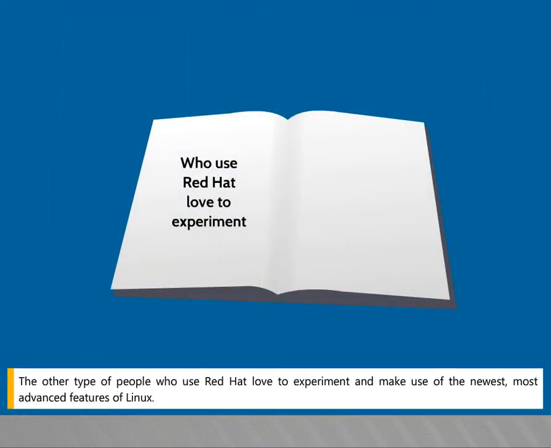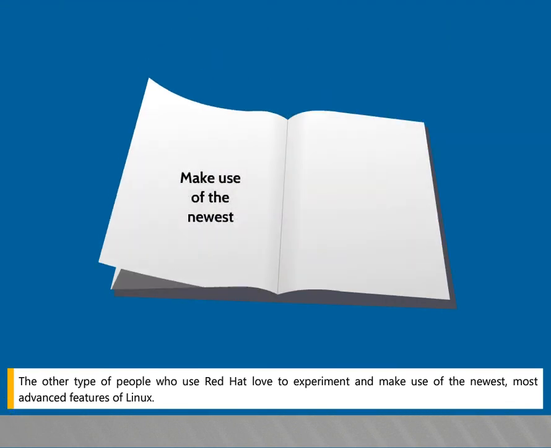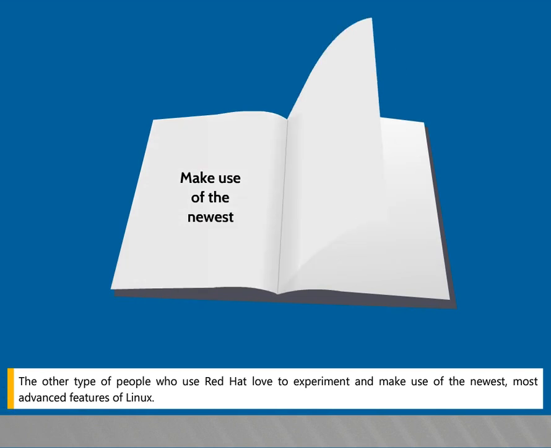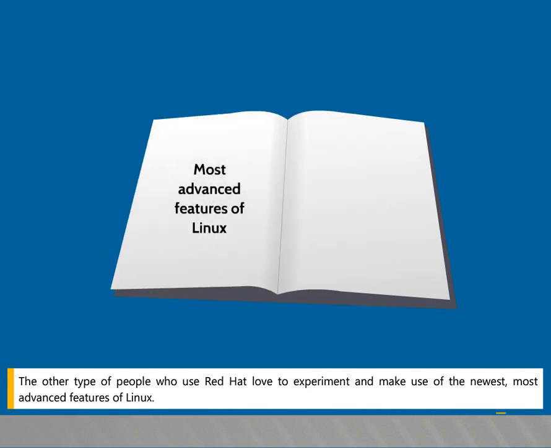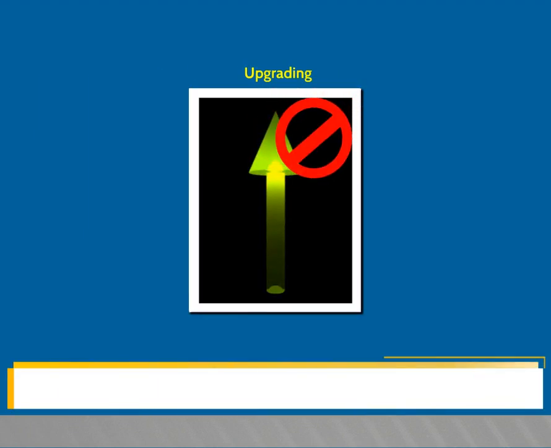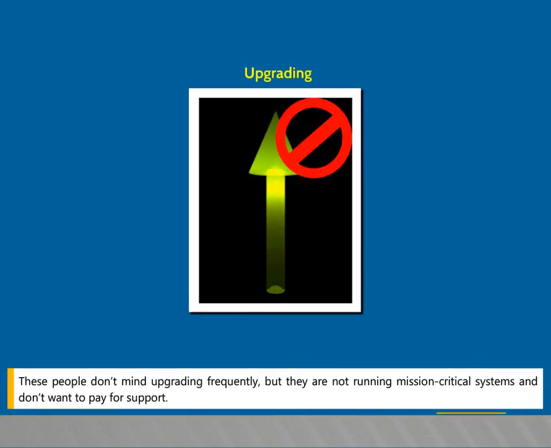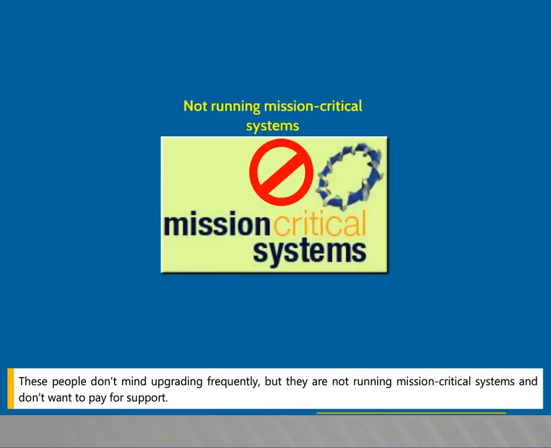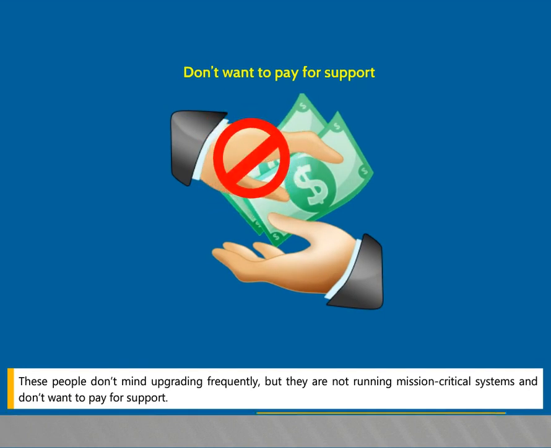The other type of people who used Red Hat love to experiment and make use of the newest, most advanced features of Linux. These people don't mind upgrading frequently, but they are not running mission-critical systems and don't want to pay for support.